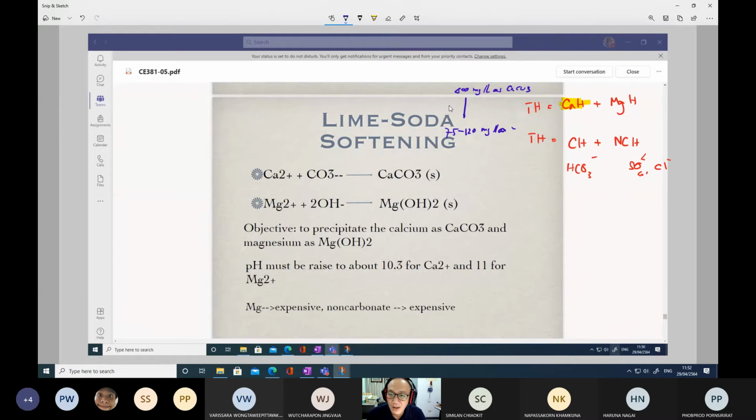That means we have to remove around 300 milligrams per liter in this case.